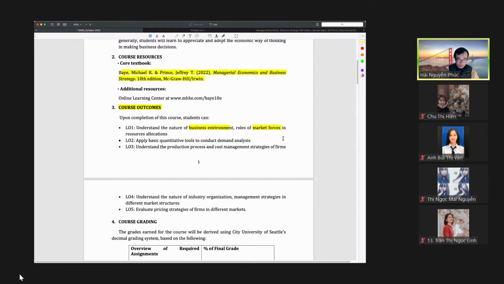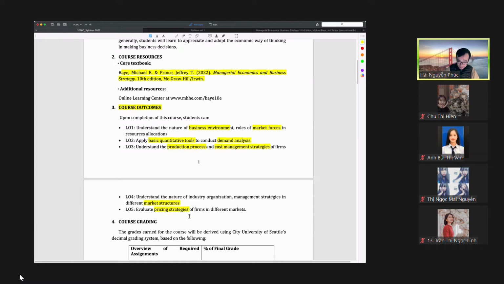The second learning outcome is to apply some basic quantitative tools to conduct demand analysis. The third one is about the production process and cost management. Then we are going to talk about market structure in the fourth learning outcome. And finally, it is about pricing.